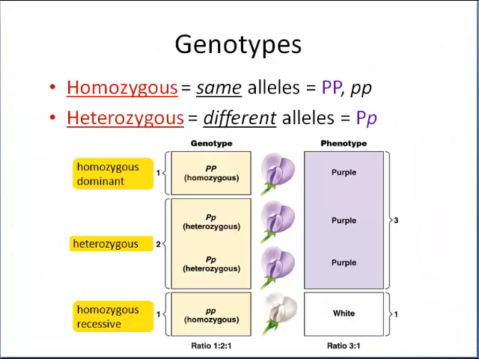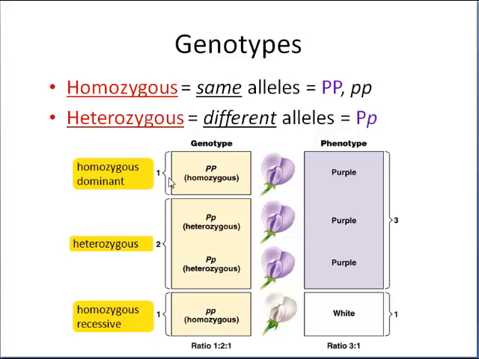Okay. These are some more words that are very important that you understand. Homozygous and heterozygous. Y'all should already know what homologous means. It means having the same. So when I talk about homologous chromosomes or homologous alleles, I'm talking about that they're the same. Heterozygous means that they're different.